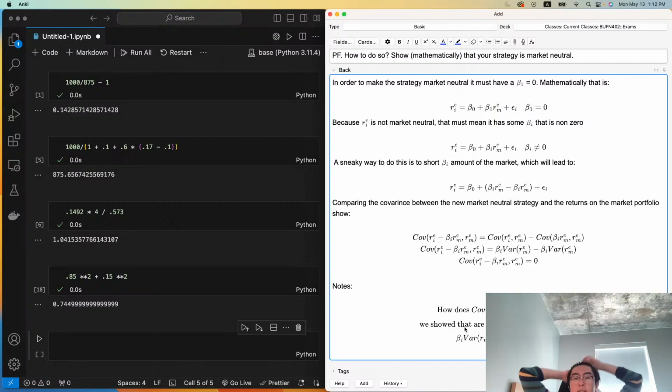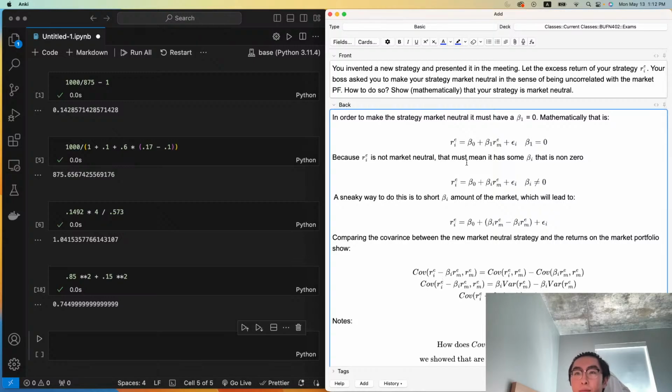So the big idea here is, in order to make our strategy market neutral, we just have to short beta_i of the market. So this comes with the idea that beta_1 has to equal 0. Mathematically, that means the excess return of our strategy is equal to beta_0 plus beta_1 times the excess return of the market plus some type of error.